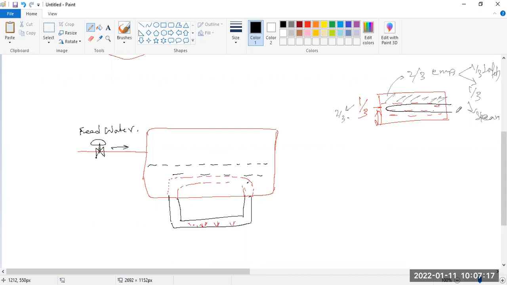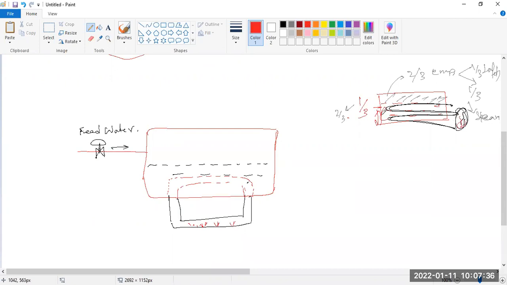In this way, these tubes are going on. In these tubes, on one part there is the boiler fire. These are the fire.